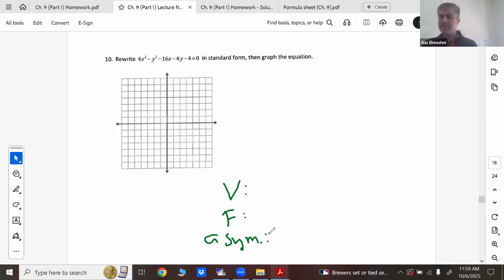It's not crazy yet, but absolutely will be crazy. Oh, the center too. Give me the center. By the way, how's this going to open, horizontally or vertically? How's this open, guys? Thank you, Troy. Horizontal, yes, because x squared is positive.